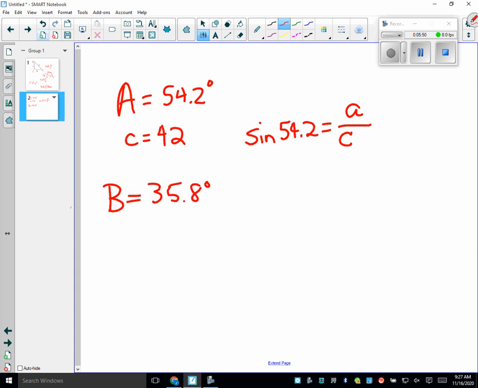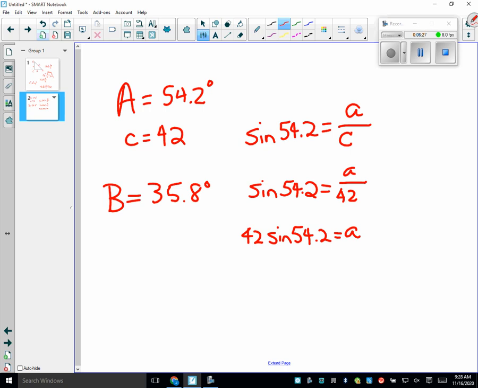So you got 42. So this is the sine of 54.2 equals A over 42. How would I solve for A? Multiply by 42. So 42 sine of 54.2 equals A. All right, now, the first thing you better do is make sure your calculator is in the right mode.